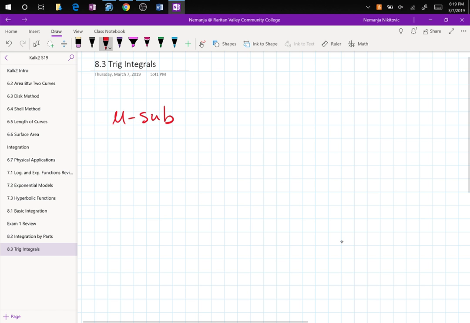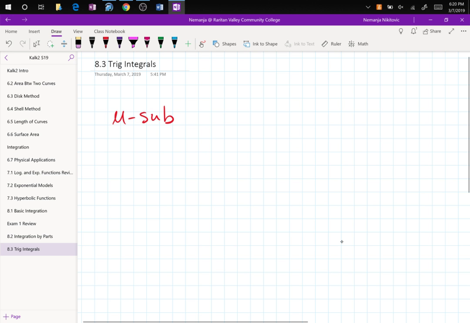You must know all 6 derivatives and integrals for trig. You must know the reduction formulas. Actually, I should be writing this out.